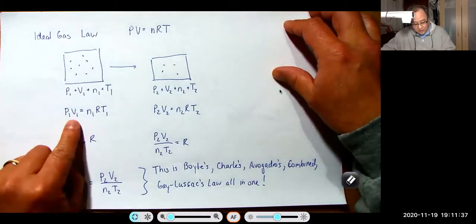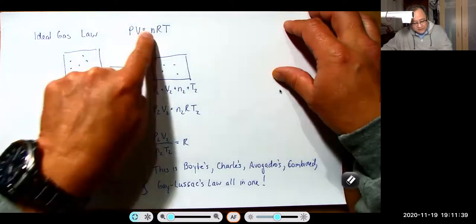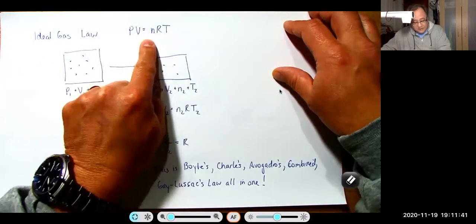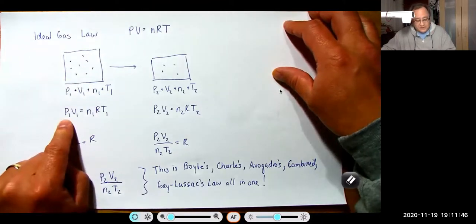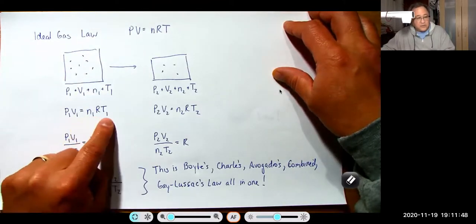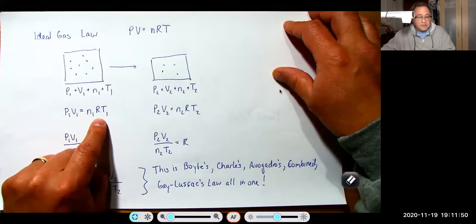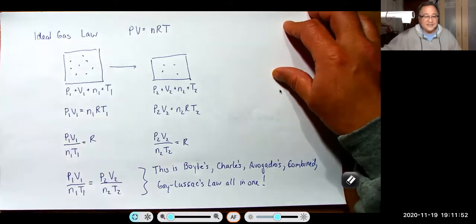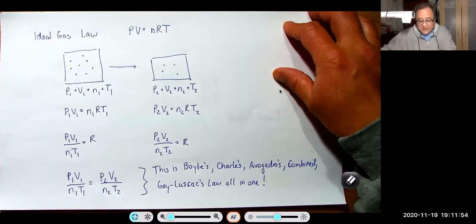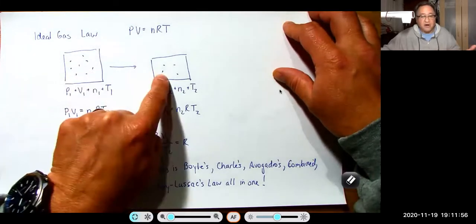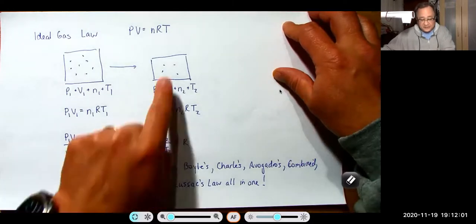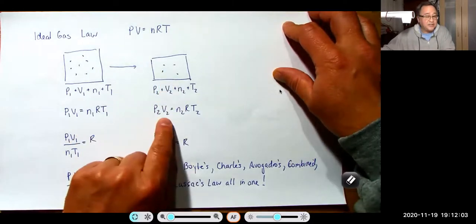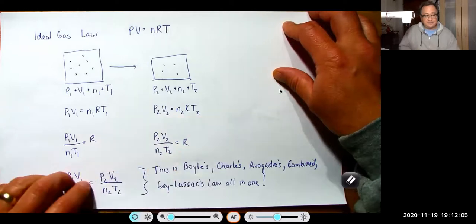So I want you to recall that from the ideal gas law, if PV equals nRT, then for this first cube, we have P1 V1 is equal to N1 R T1. Why does the R not have a 1? Because the R is a constant. It does not matter whether the gas is here or here. R is R. Now, what about the second set of conditions? We have P2 V2 is equal to N2 R T2.